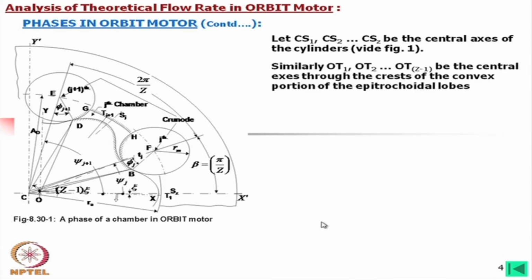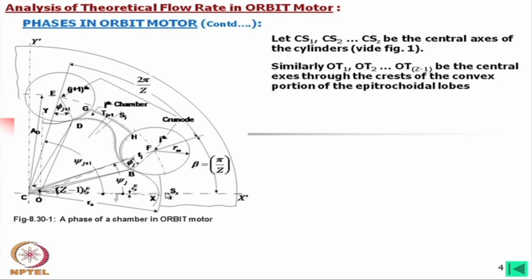Similarly, we have taken O T 1, O T 2, up to O T Z minus 1 as the central axes through the crest of the convex portion of the epitrochoidal lobes. So, this is the convex portion.